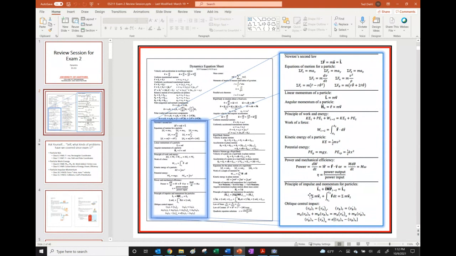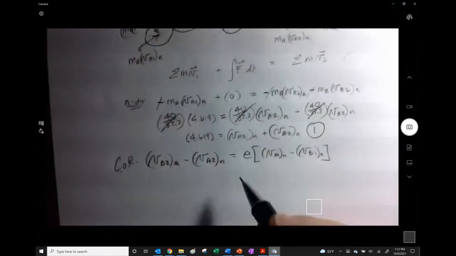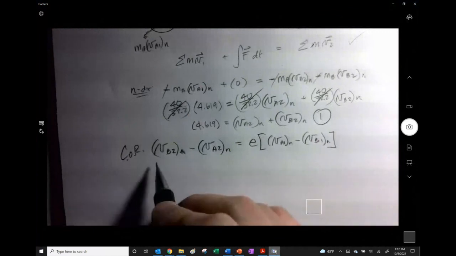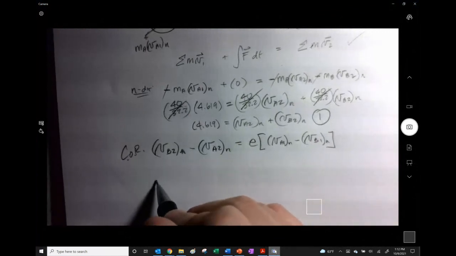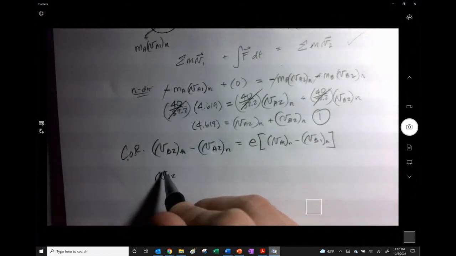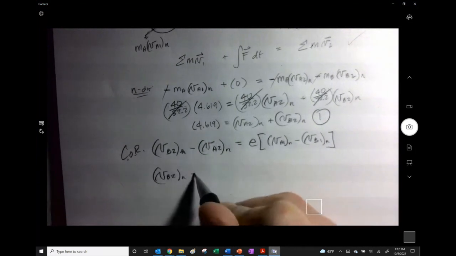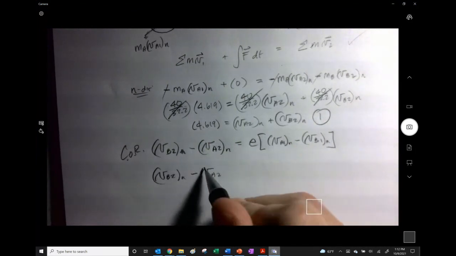So I write down the equation VA1n minus VB1n. All right. So VB2, we don't know this, VB2n. We don't know this.